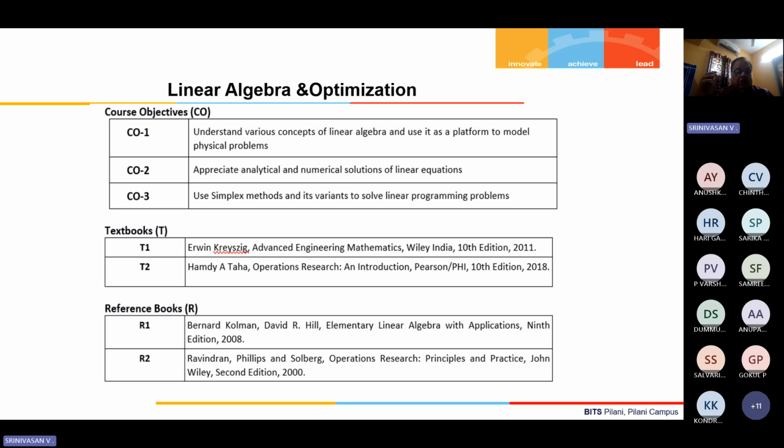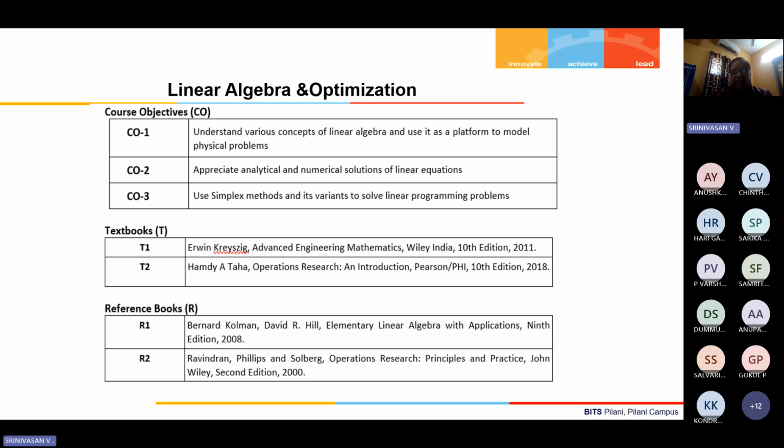Coming back to linear algebra, you are given two textbooks, one for the engineering part, linear algebra, Erwin Kreyszig, Advanced Engineering Mathematics, and Taha, Operations Research. Reference books are also there.